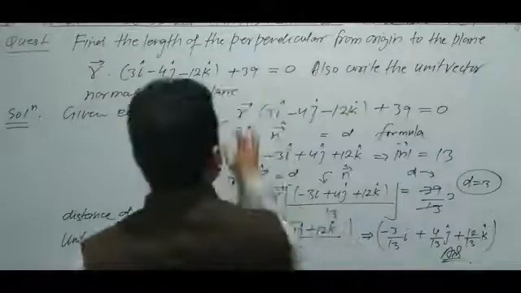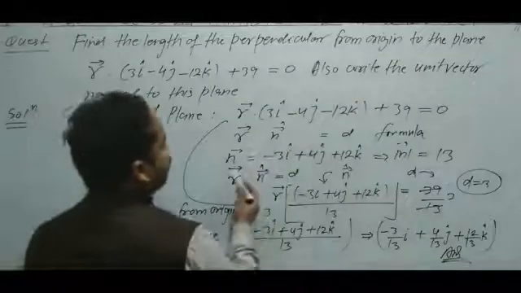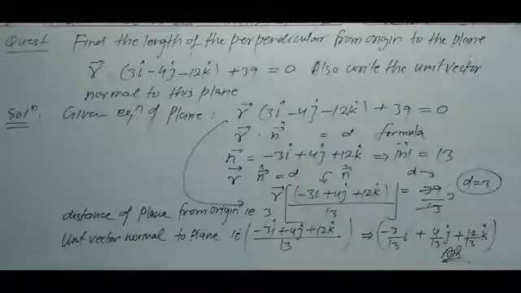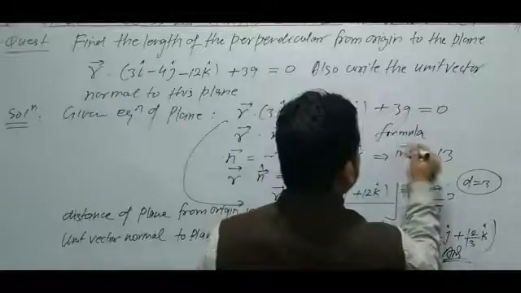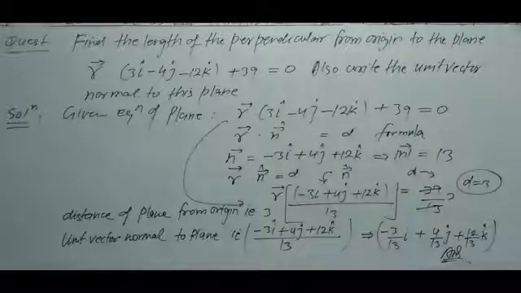Now this one we can write, or vector n from this expression, you know, this is minus 3i plus 4j plus 12k, and mod of vector n, what we can write? Mod of vector n we can write 13, and vector r dot unit vector n is equal to d form.